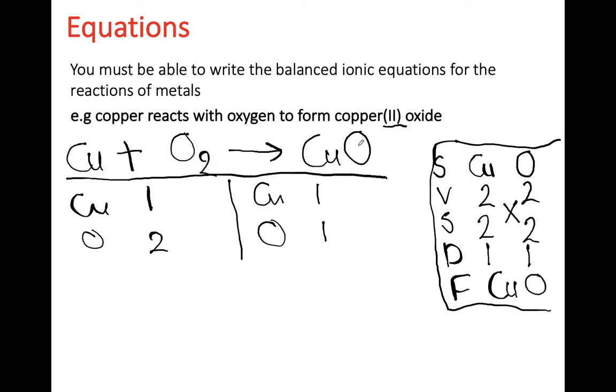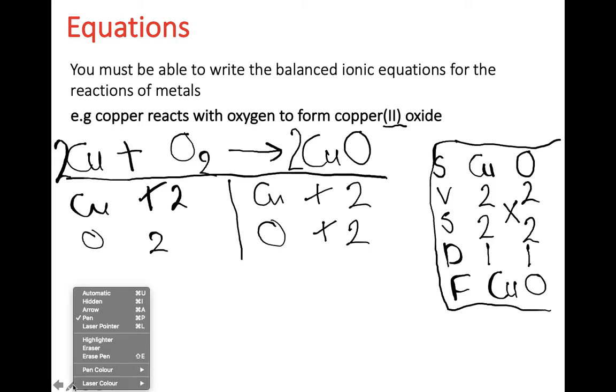I have 2 on this side, I want 2 on this side here. So I'm going to pop a 2 down in front, which means I have the 2 oxygen that I need. But now my copper is unbalanced. I have 2 on this side, but only 1 here. So what I will do is I will pop a 2 down here. Balanced.